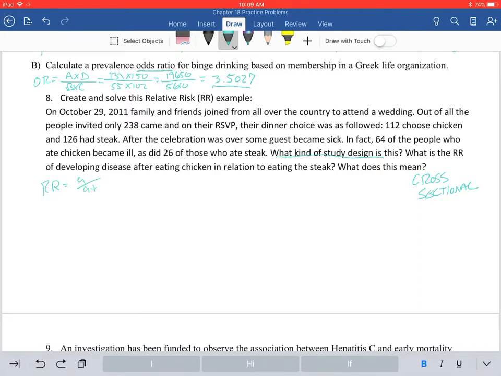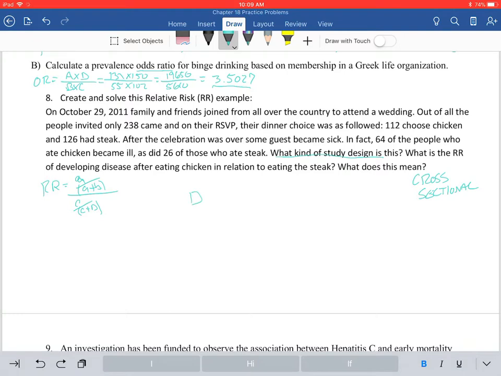What is the RR, developing disease? So relative risk is going to equal A over A plus B, all over C over C plus D. In order to do this, we have to have a 2x2 table.